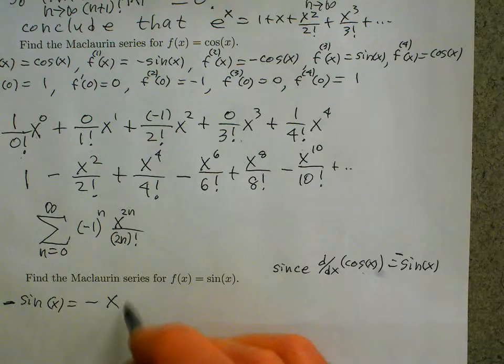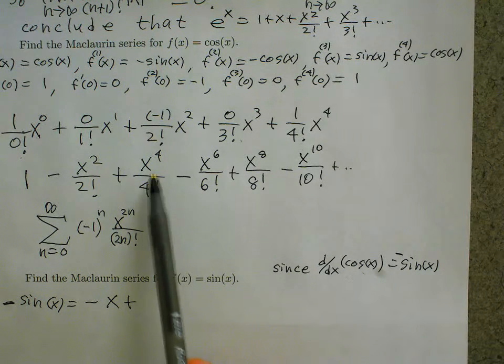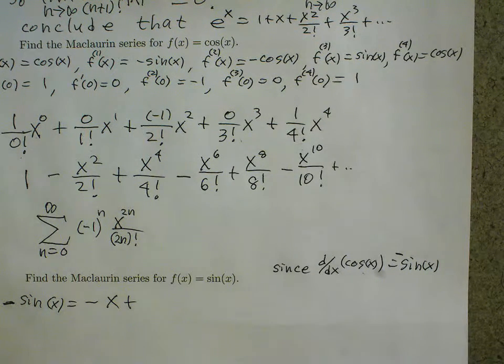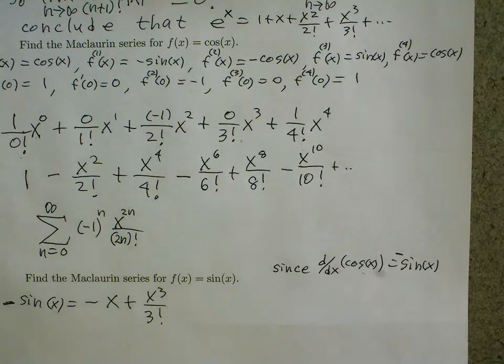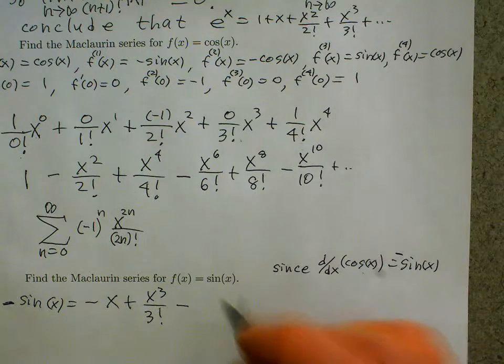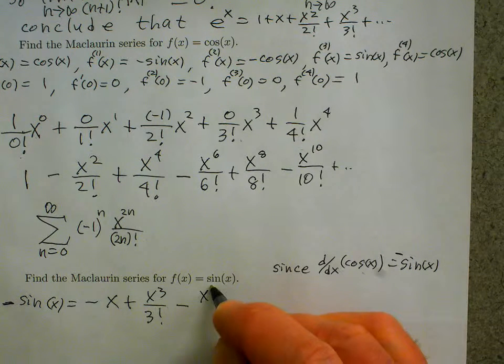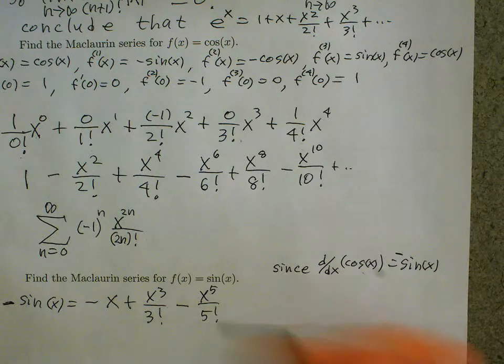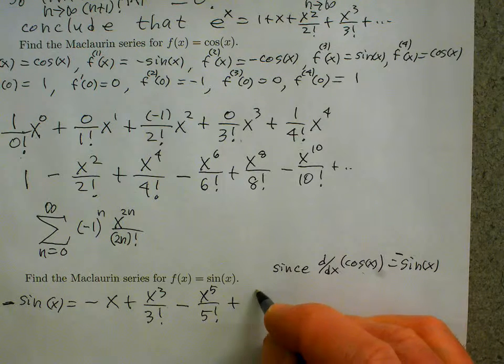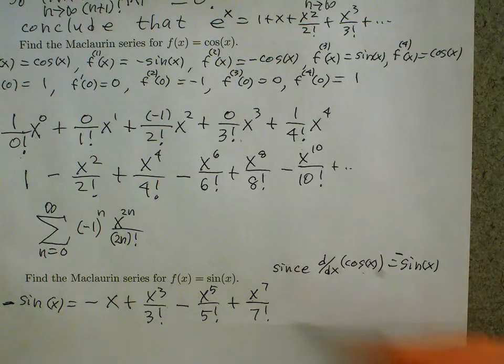And then plus the derivative of x to the 4th over 4 factorial is going to be x to the 3rd over 3 factorial because the 4's cancel. And then minus x to the 5th over 5 factorial. And then plus x to the 7th over 7 factorial.